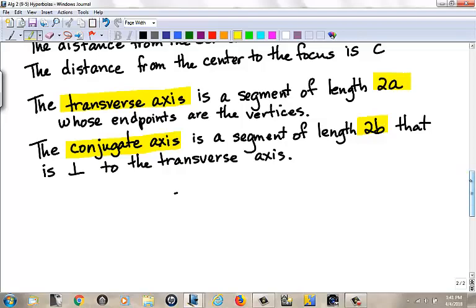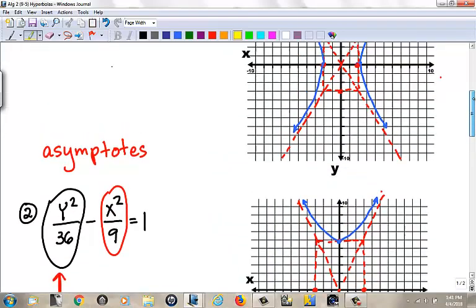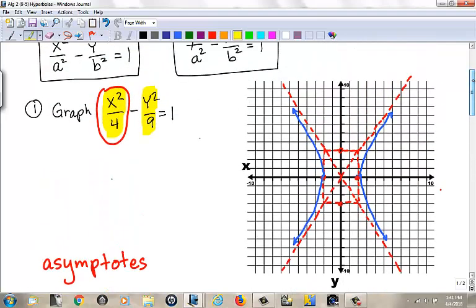Okay, let's go back up to the first picture, and I'll bring it back down. Label the A. Where would the A be? This would be considered the vertex. So isn't this our A, and this would be A. So this is our transverse axis, which would be 2A.